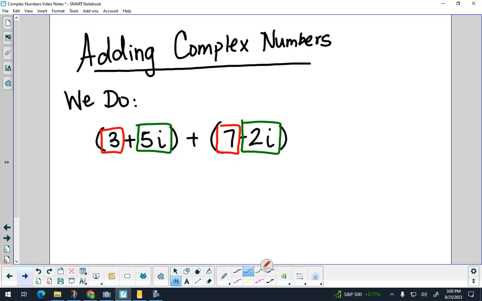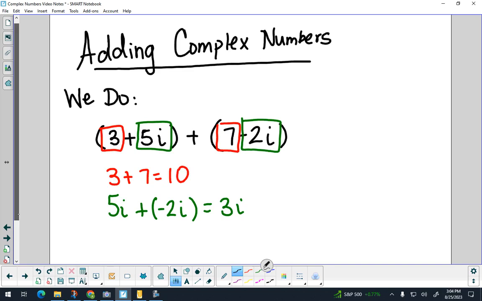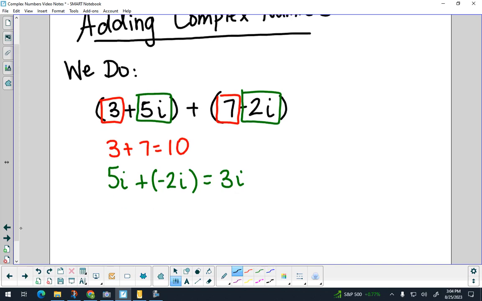So 3 plus 7 is going to give me 10. That's my constant. And then my other like terms were 5i plus a negative 2i, okay? And that's going to give me 3i. So together, to write that in standard form, I would write my 10 first.